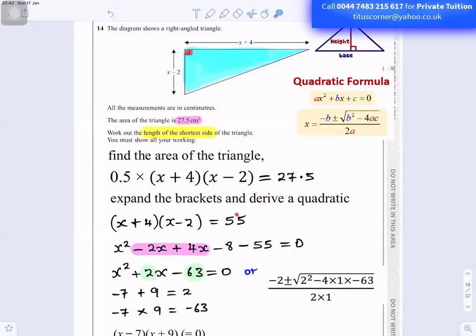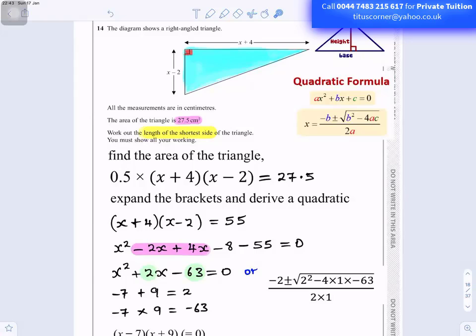We minus 55 on both sides, and it becomes 0 on the right. So we have x squared minus 2x plus 4x, which gives you plus 2x. Minus 8 minus 55 gives you minus 63, equals 0.